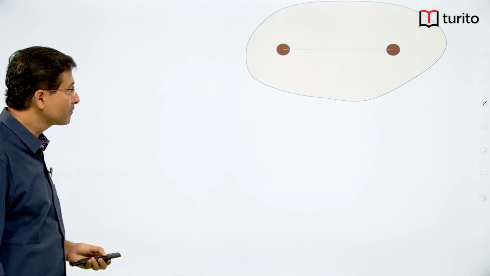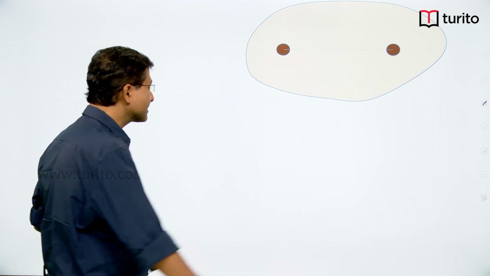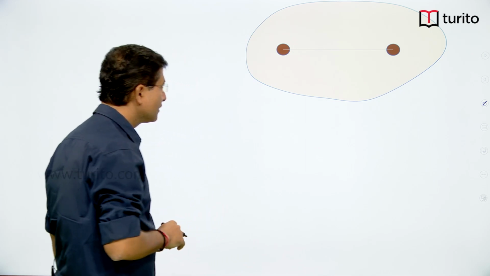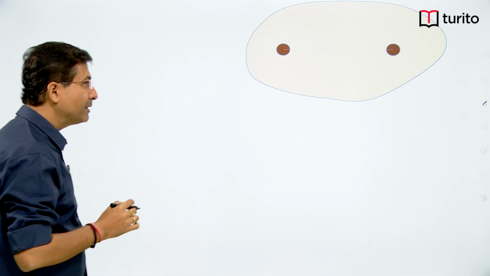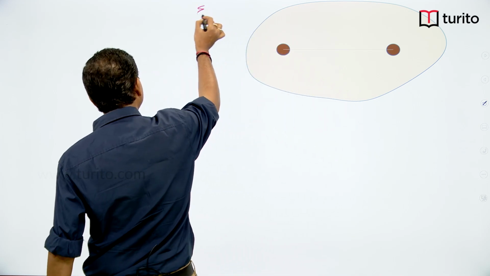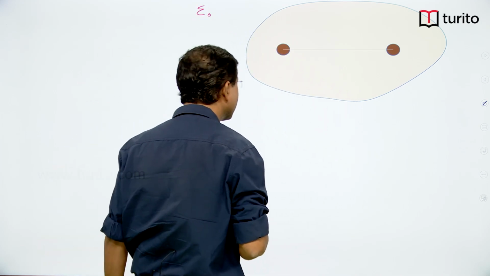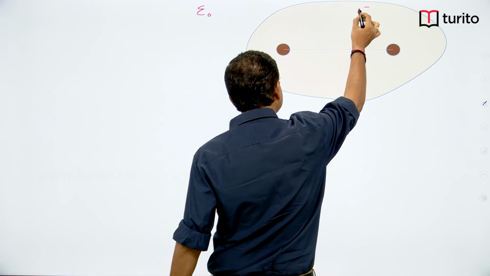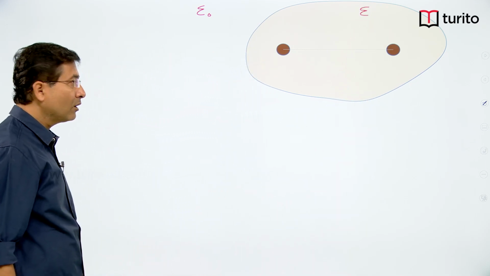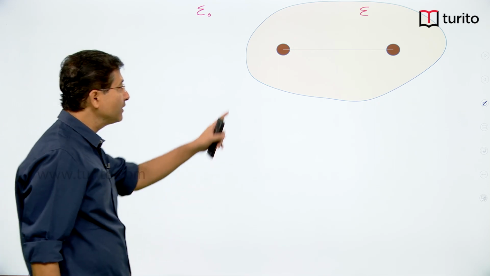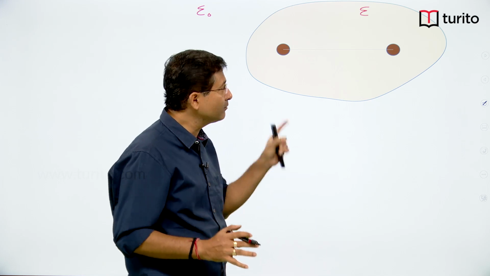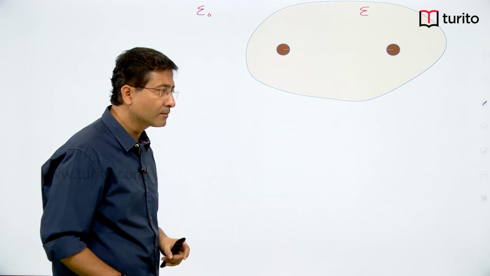So, let us see. Two particles I am placing in a medium, right. Its permittivity of free space was represented by epsilon naught, so I am calling the permittivity of the medium epsilon. Now, the electrostatic force of interaction between these two is still the same.